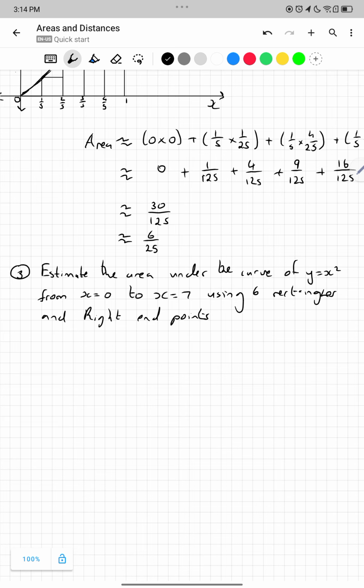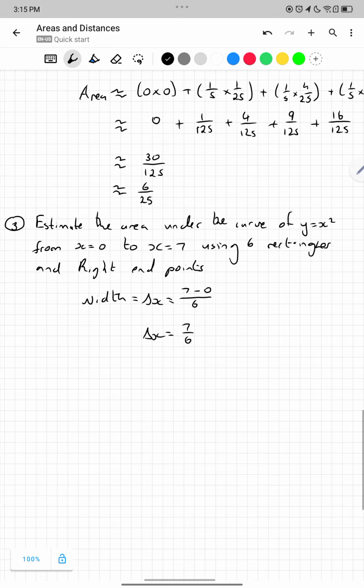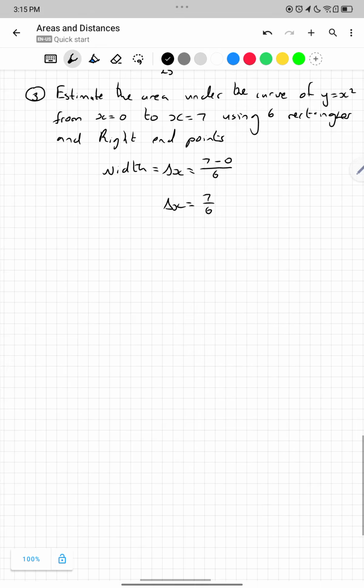So the width will be given by 7 minus 0 over 6. So width will be 7 over 6. And so a function will look as follows.